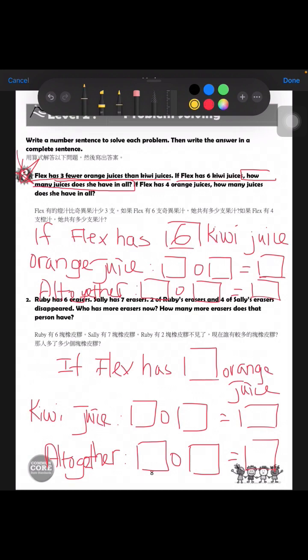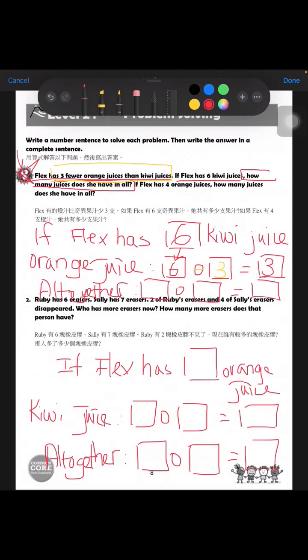From the question, we can see she has 3 fewer orange juices than kiwi juices. So we can use the number we know already, 6 kiwi juice, and then because it is 3 fewer, we will minus 3. So 6 minus 3 equals to, right, 3 orange juices.